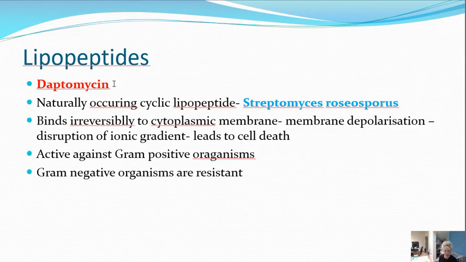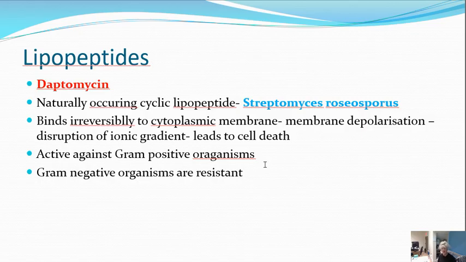Lipopeptides: daptomycin is a naturally occurring cyclic lipopeptide, and it binds irreversibly to the cytoplasmic membrane, causing membrane depolarization and disruption of the ionic gradient, leading to cell death. It's active against gram-positive organisms. However, gram-negative organisms are resistant.